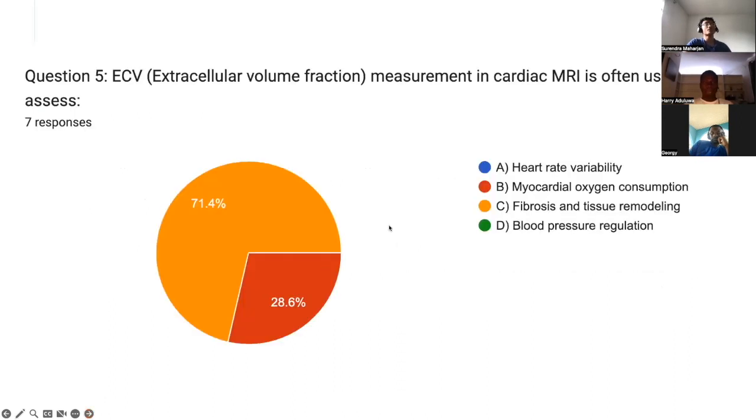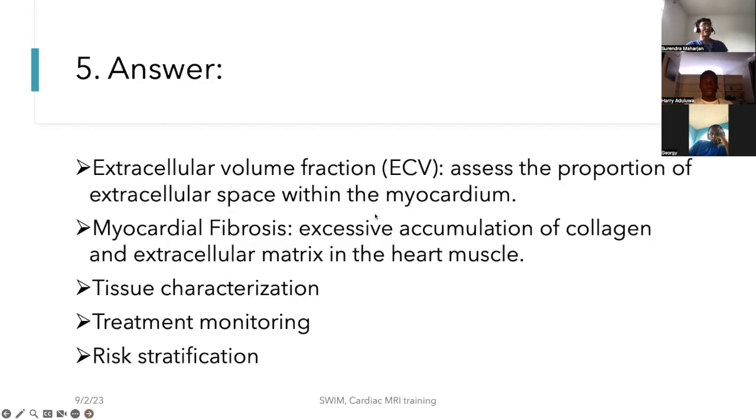And question 5, extracellular volume fraction measurement in cardiac MRI is often used to assess fibrosis and tissue remodeling. So what is ECV? It assesses the proportion of extracellular space within the myocardium, that is the heart.